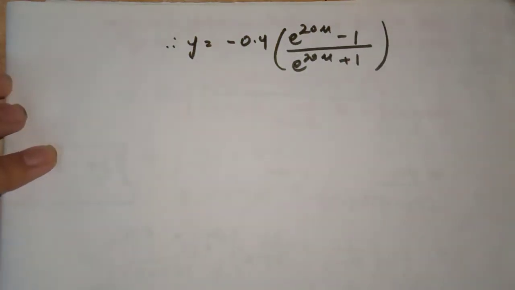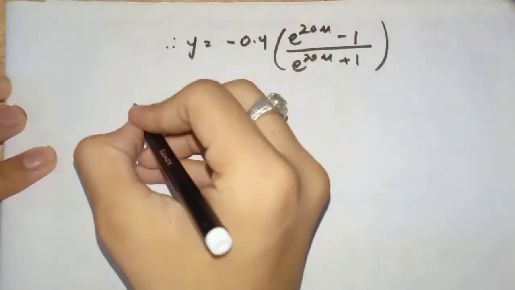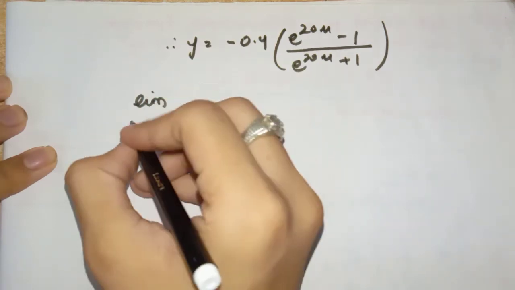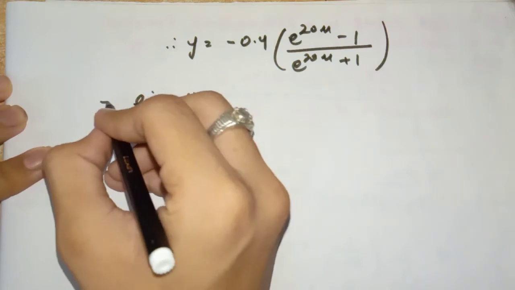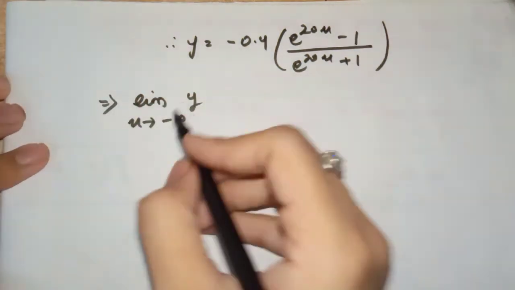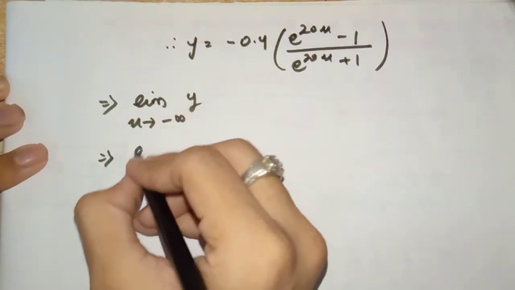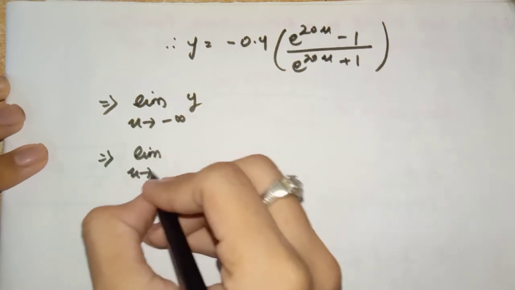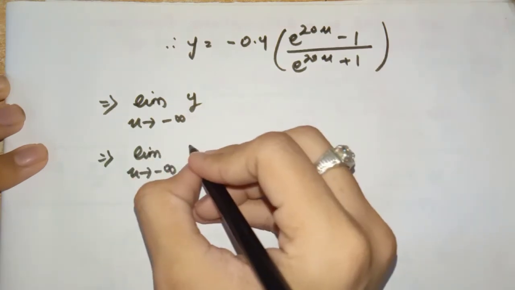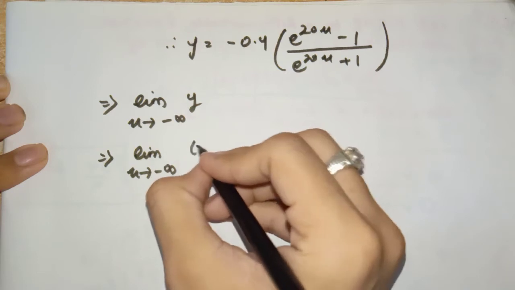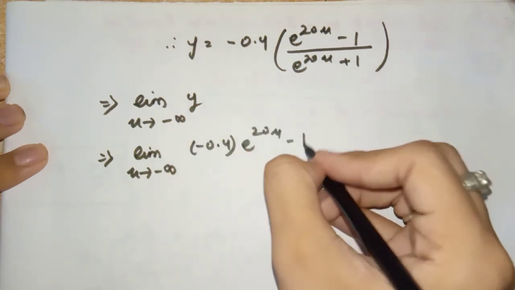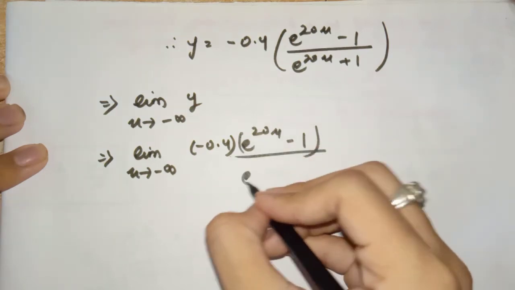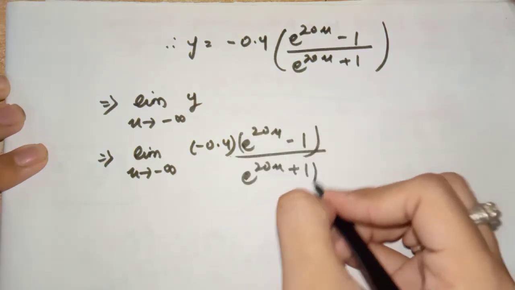Now our second part of the question, we have to find the limit x tends to minus infinity of y. So first of all, let's write the equation as it is. Limit x tends to minus infinity, and y is minus 0.4 into e to the power 20x minus 1 by e to the power 20x plus 1.